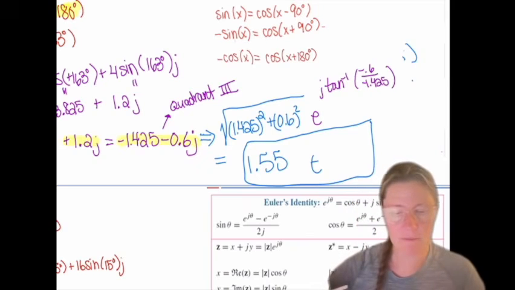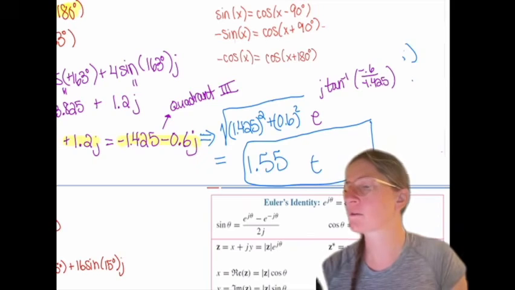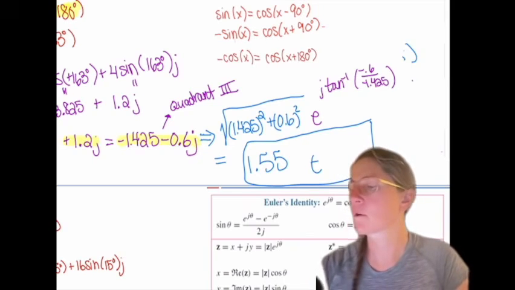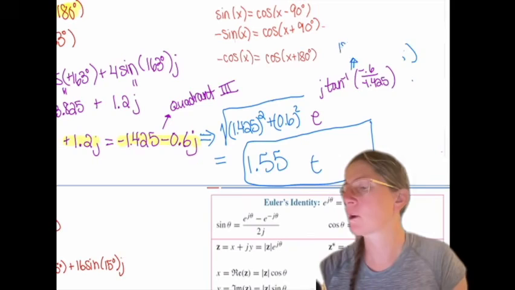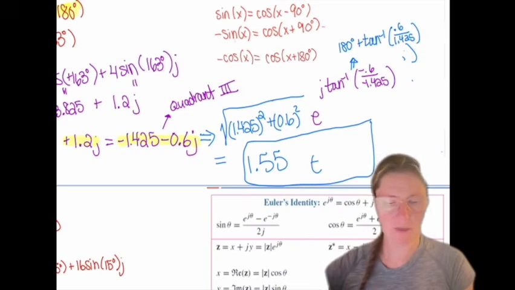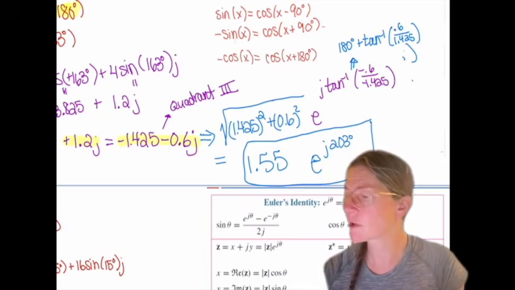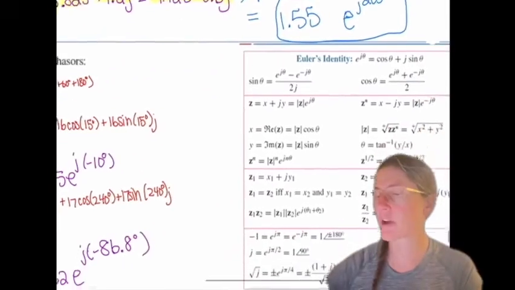And again, this is going to be a positive number, so you're going to have to add 180 degrees plus this inverse tangent of 0.6 over 1.425. And that will give you the right angle, which in this case is 203. So this is 1.5e^(j203 degrees), your final answer here.